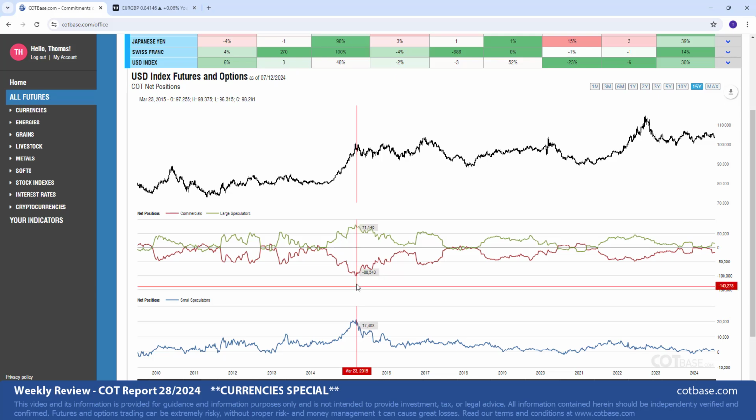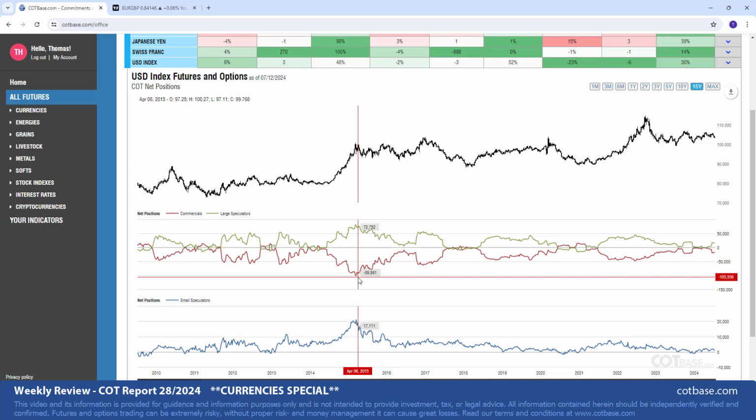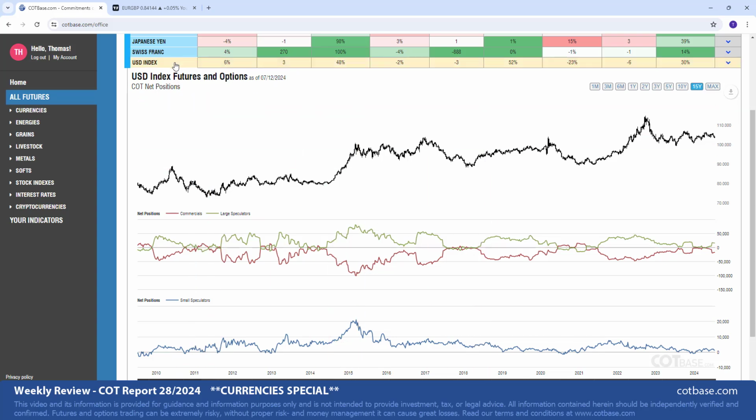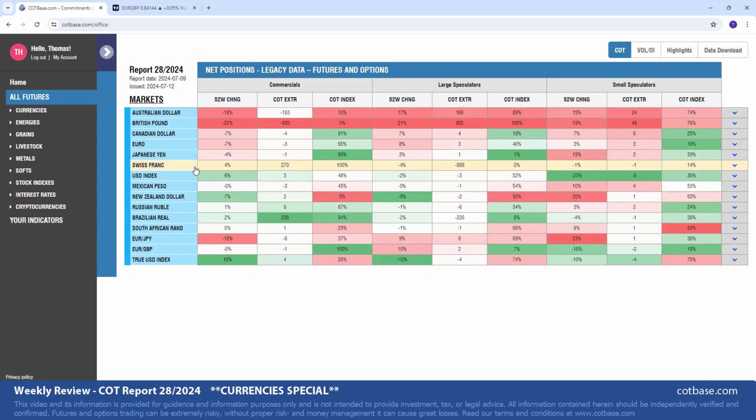So what we can conclude is maybe it's a good take that there's a bullish COT extreme in the Canadian dollar. However, we may be better off finding a different market, which is weak. The dollar index does not necessarily show that level of weakness.